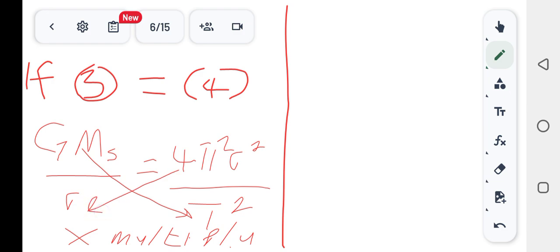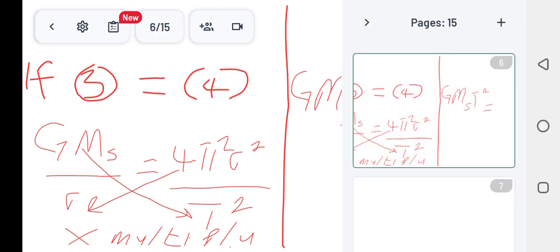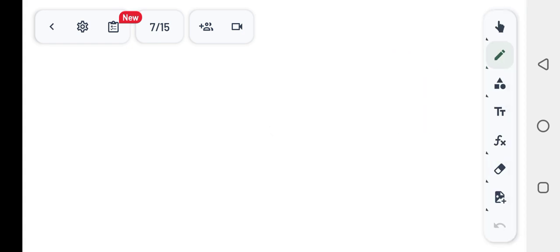We are left with G times the mass of the sun multiplied by the square of t.